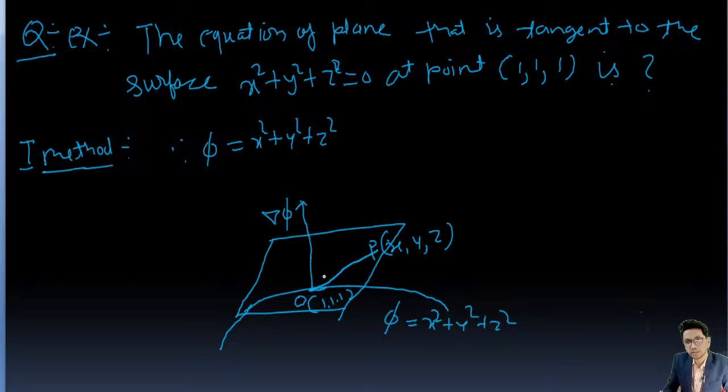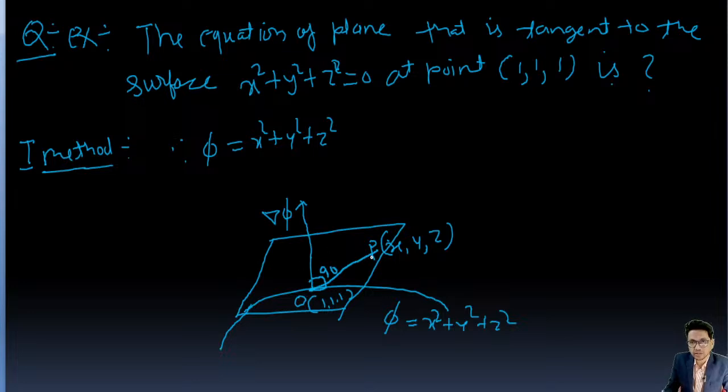This is a straight line, guys. This angle is 90. Consider these as straight lines; they may not look straight, but they are straight lines and perpendicular to each other. So now we can easily find the equation of the plane.